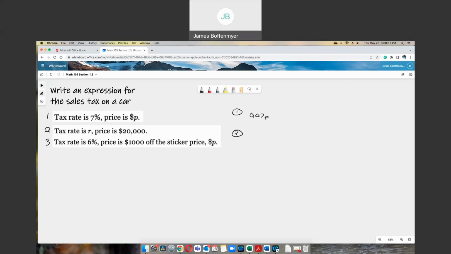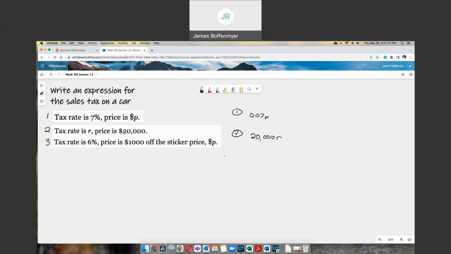The price of the car is $20,000, and the tax rate is R, which doesn't necessarily give us a percentage, but the rate tells you that it's going to be a percent. But we don't need to convert a percent to a decimal, because we don't have an actual number value. So in this case, 20,000 times R is all you would need to put in there, because your rate is R. Your rate is your tax rate on this one.